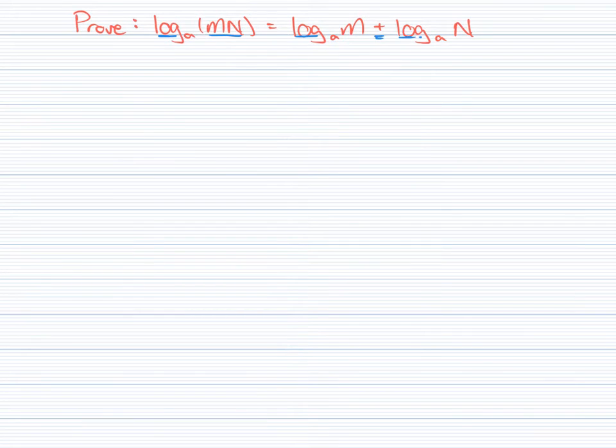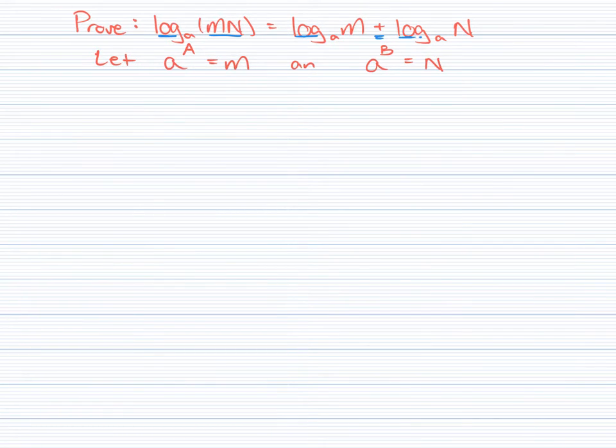In order to begin, we want to initially define a few things. What are we starting with? We're going to start with the fact that we have a to some power, I'm going to say capital A, equals m. And I'm also going to define that a to the power of capital B equals n.